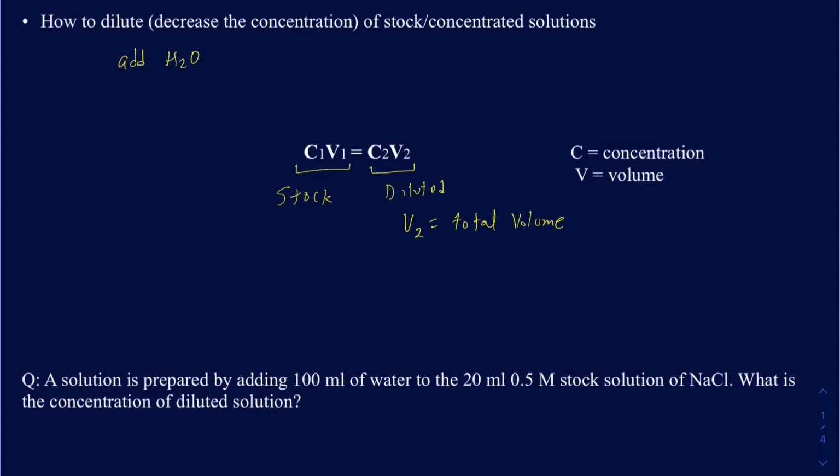Now, it's easy to make a dilute solution from a concentrated solution, but it's not that easy to go backward. Yes, based on the calculations you can do that, but practically it's not that easy. You have to actually get rid of water, and the only way is by evaporating or boiling off some water. But if you're going from concentrated to dilute, all you have to do is add an appropriate amount of water and you have your diluted concentration.